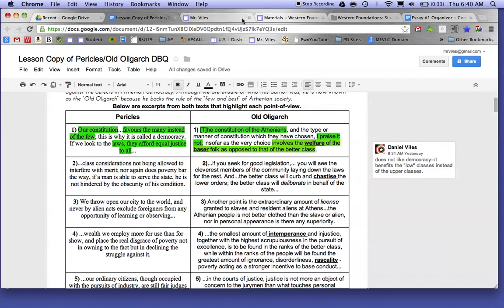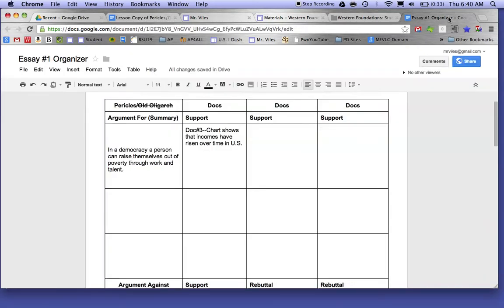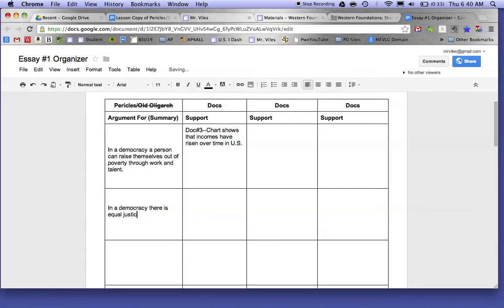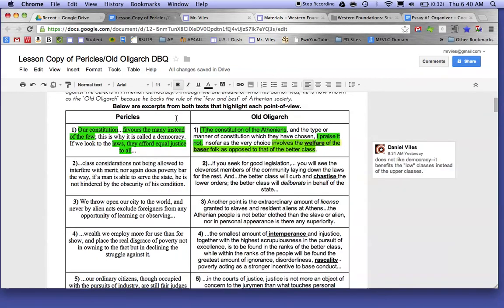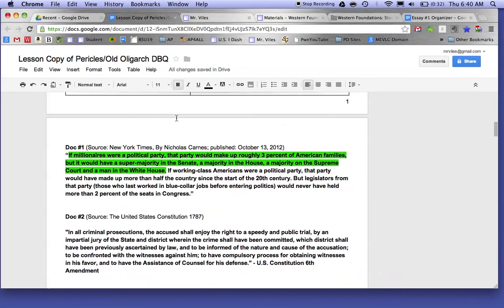So I might say here that one of Pericles' arguments is that in a democracy there is equal justice before the law. And if that's my second point, I would start to dive into the docs and find a piece of support for that.